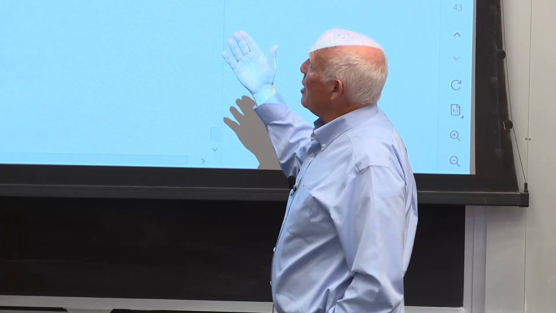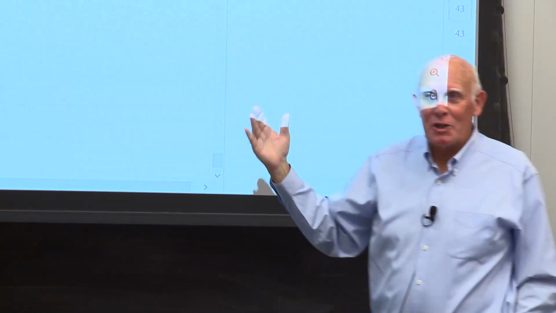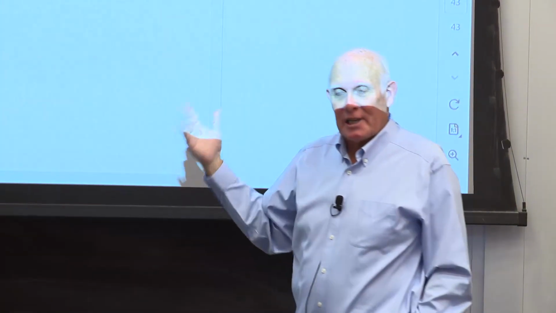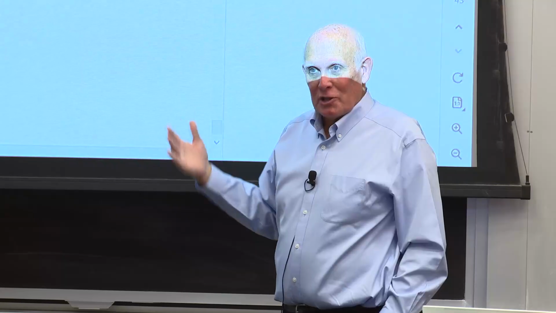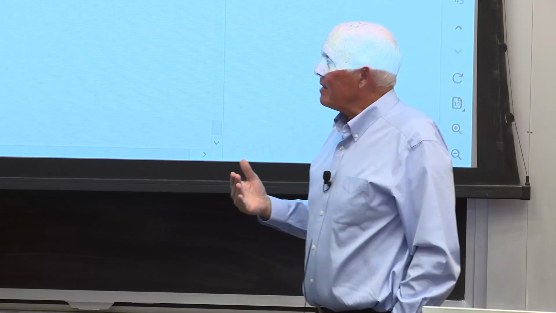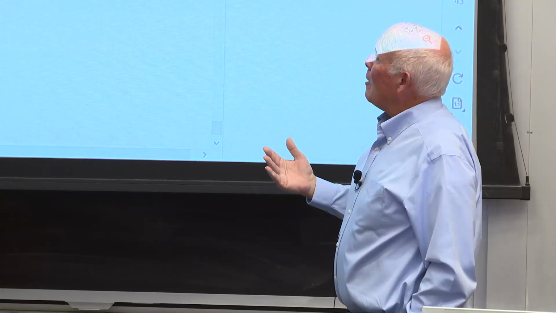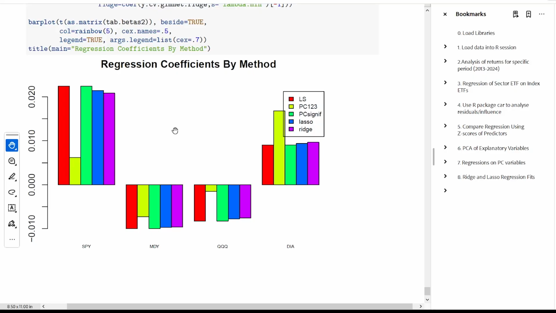With very large sample sizes, you generally don't get much difference in the ridge or the Lasso results. It's usually in smaller sample sizes that you get differences. With the principal components regression, in this example, the first three principal component variables end up giving estimates that are in the yellow.